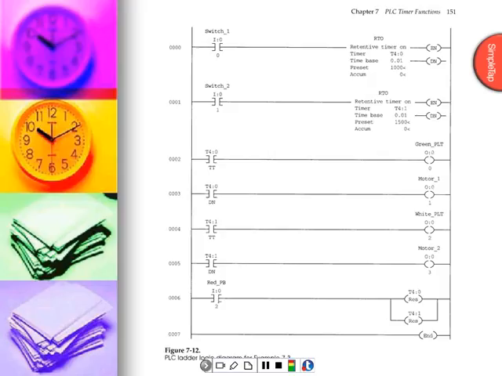Then you get it activated, and there's not a thing in the world you can do to start it over until you reset it. So you have to come back out and put this line in there to reset the timer. Everybody okay? All the T4 zeros link to that timer T4:0. All the T4 ones link back to T4:1. Everybody okay?